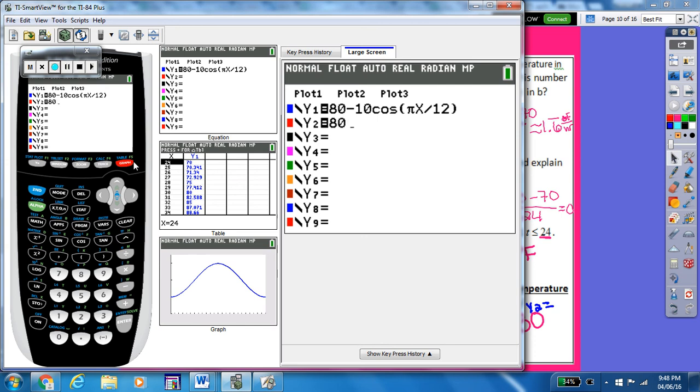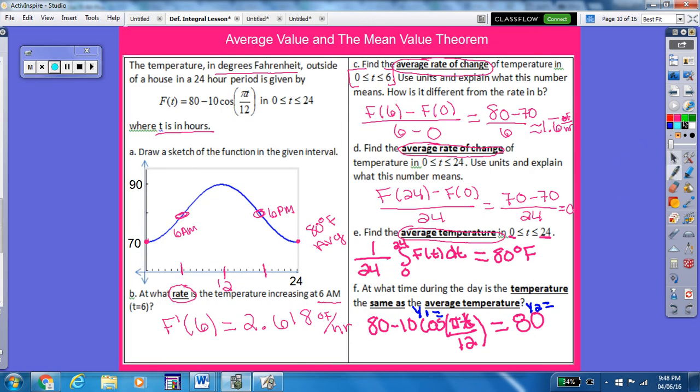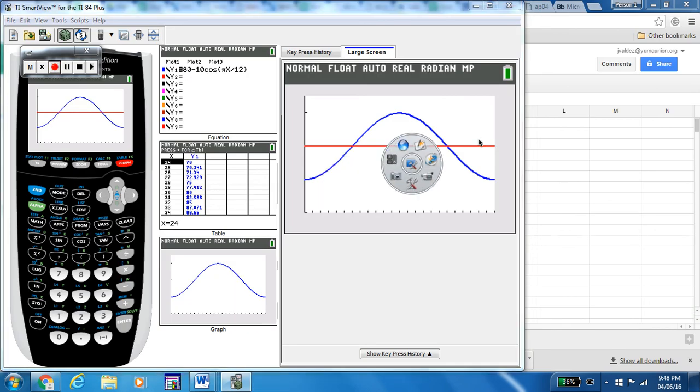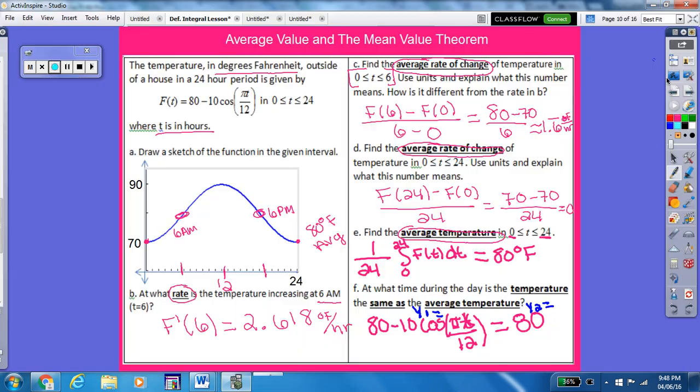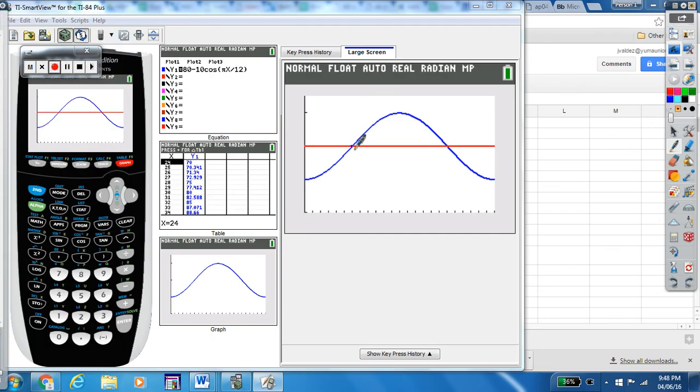And what you're going to notice when you graph this is that there are two places where the line y equals 80 and the f of t function meet up.